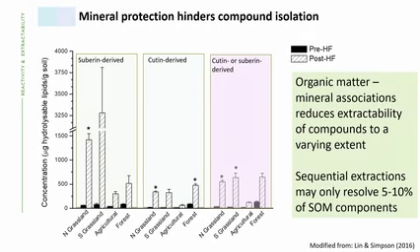But to give you a sense of how this interaction may limit extractability, here's some data of specific plant-derived compounds. The dark bars are just the yield of extraction, and then the white bars are after we remove the minerals with hydrofluoric acid. So you can see the yield of those organic matter compounds was significantly increased when we got rid of those minerals.